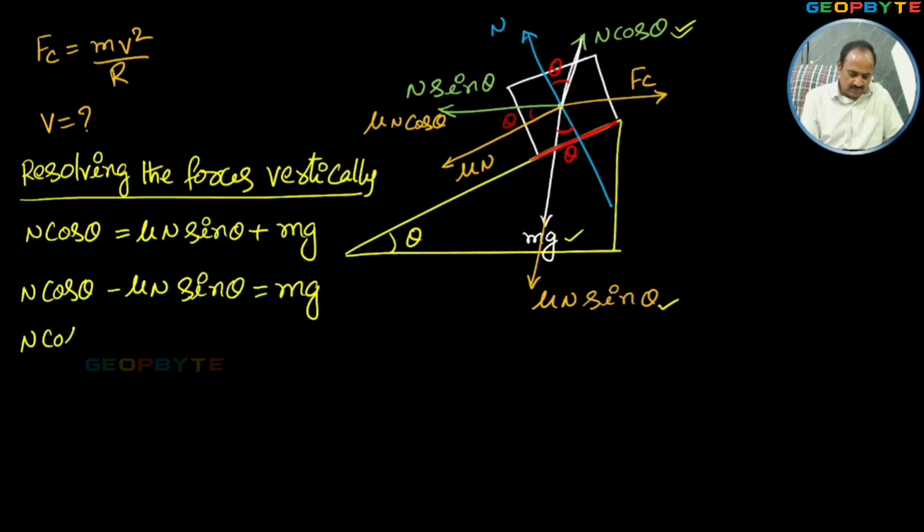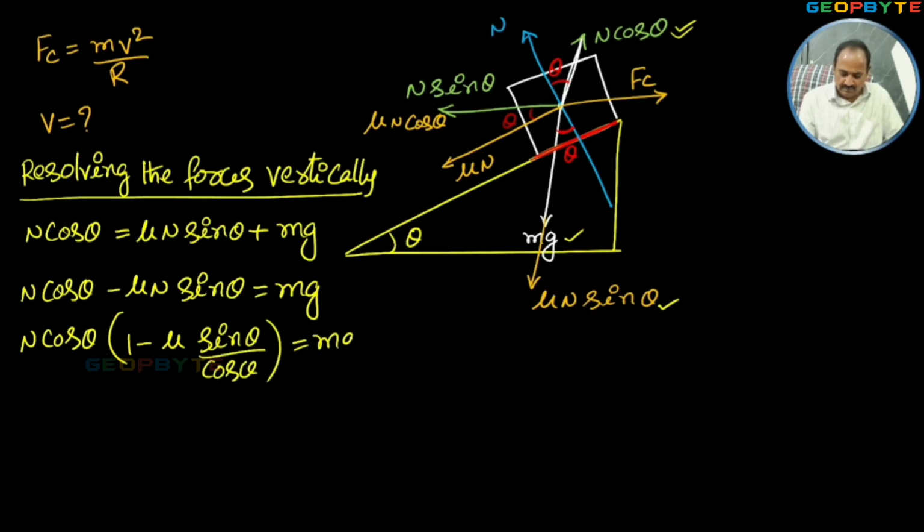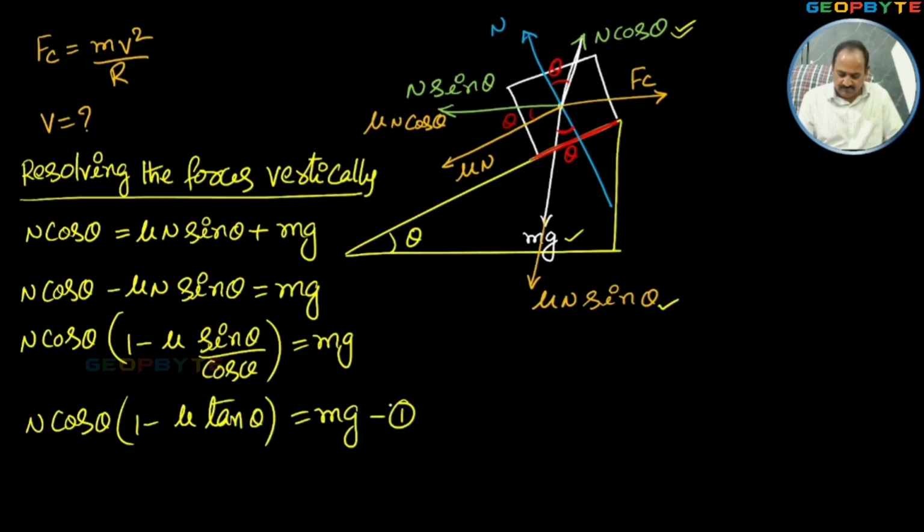Writing N cos theta outside, N cos theta into 1 minus mu tan theta is equal to mg. Let this be relation number 1.